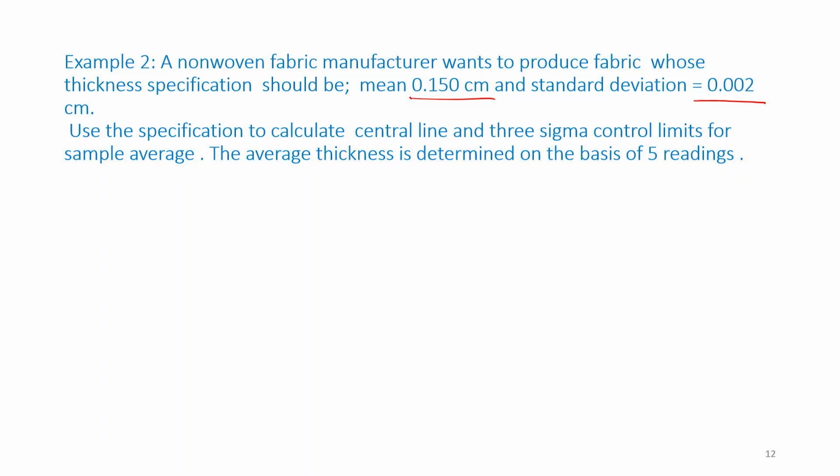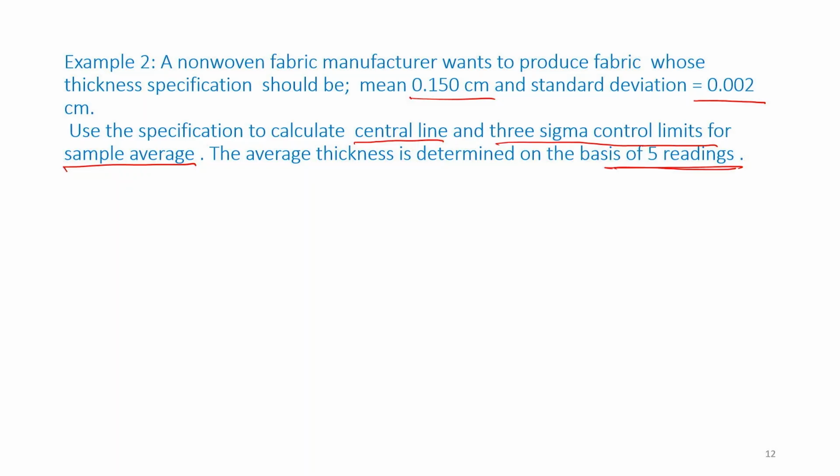Use this specification to calculate the center line and 3 sigma control limits for sample average. The average is based on 5 readings. So this is what is stated here.